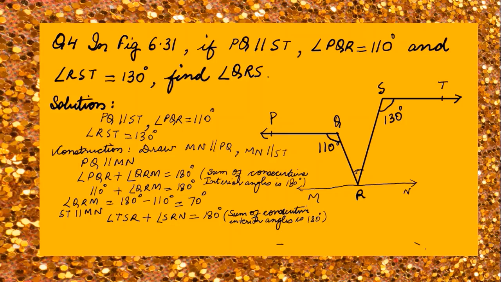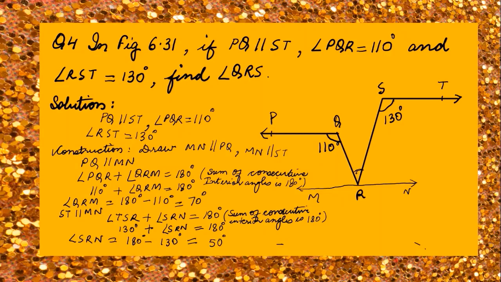Okay, so TSR is your 130 degrees plus angle SRN equals 180 degrees. So angle SRN equals 180 degrees minus 130 degrees. So it is your 50 degrees.